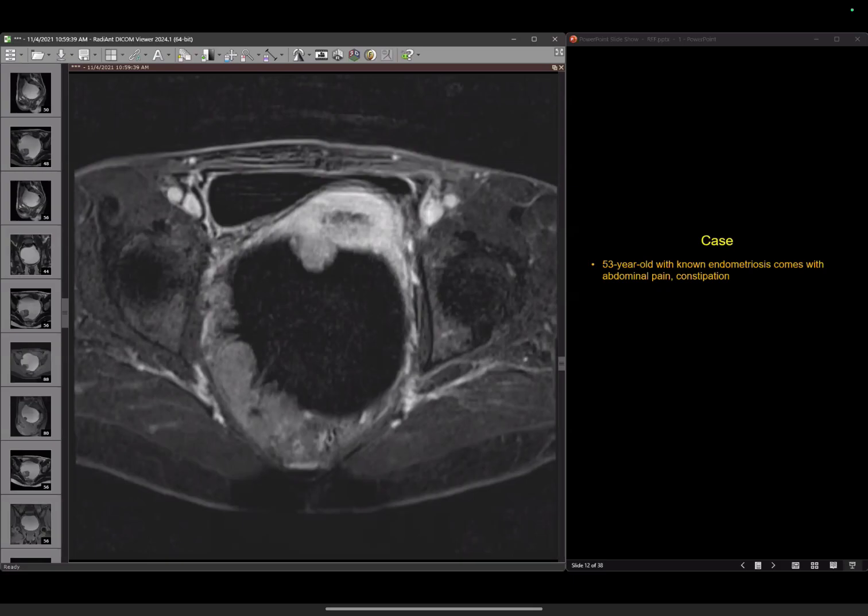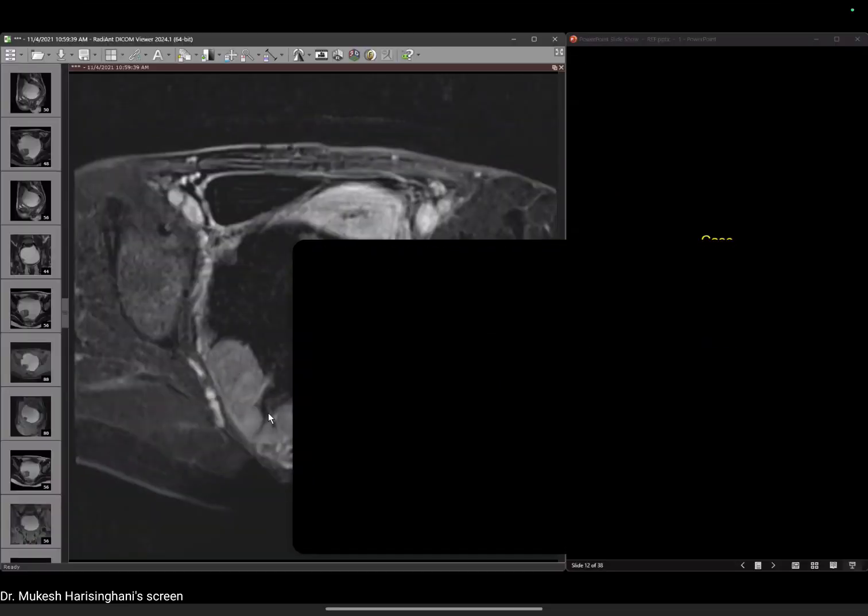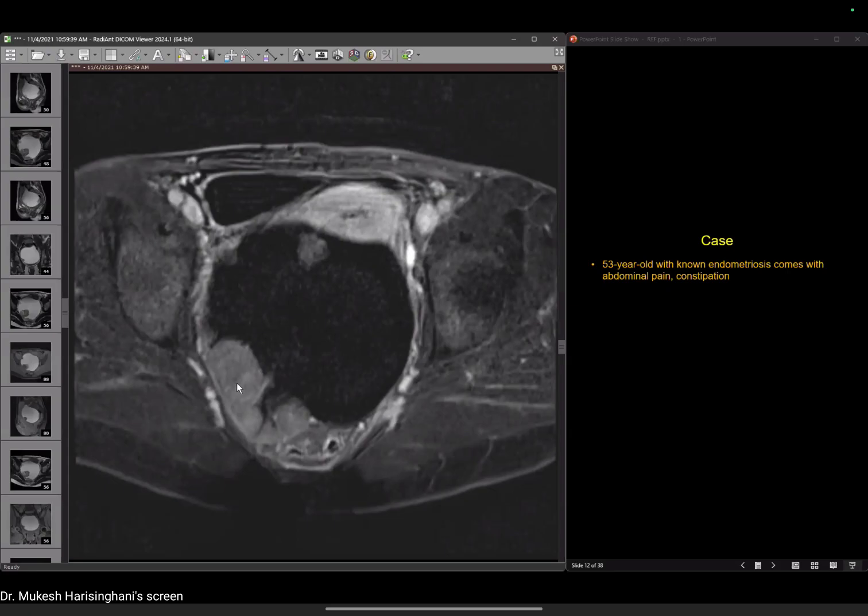Endometrioid adenocarcinoma and clear cell carcinoma are the two common subtypes. The third one is a seromucinous tumor. That is less common, and it doesn't have this typical pattern. It can be a little bit variable. But clear cell and endometrioid are the common ones, and this turned out to be a clear cell carcinoma in a patient who had an endometrioma.